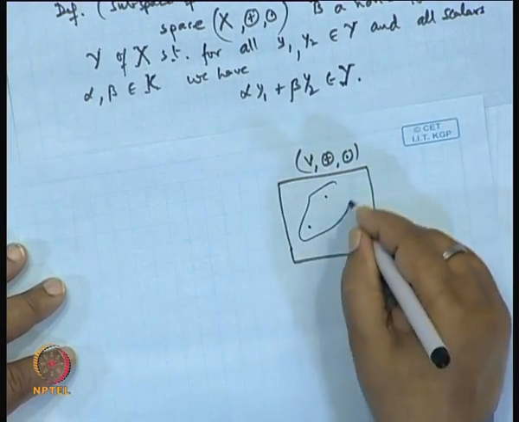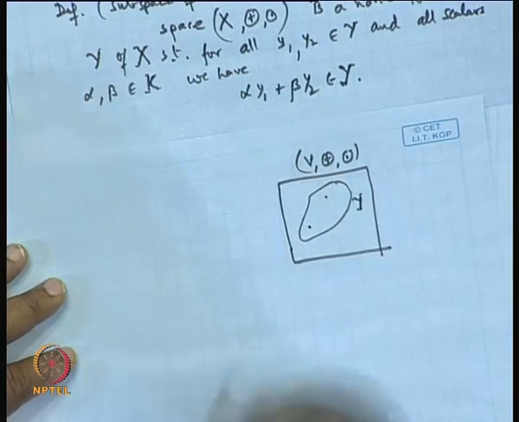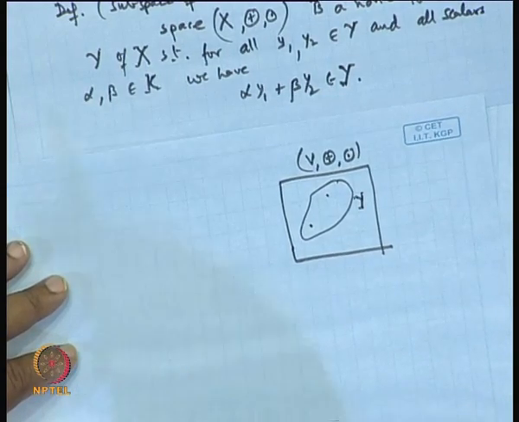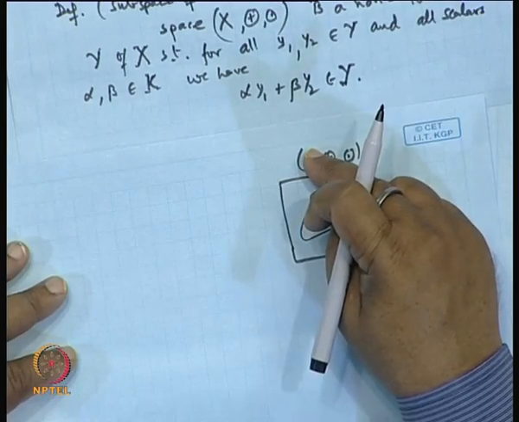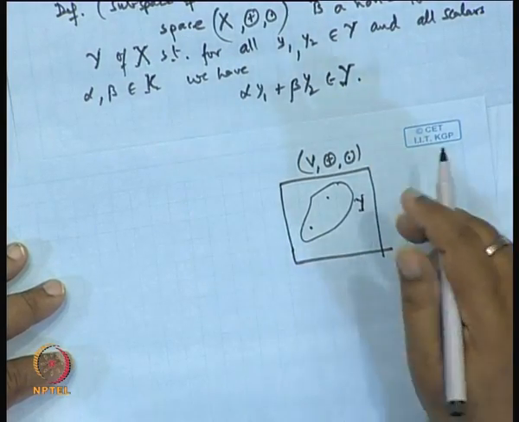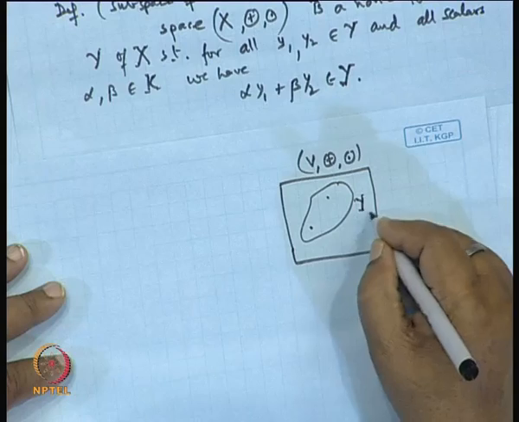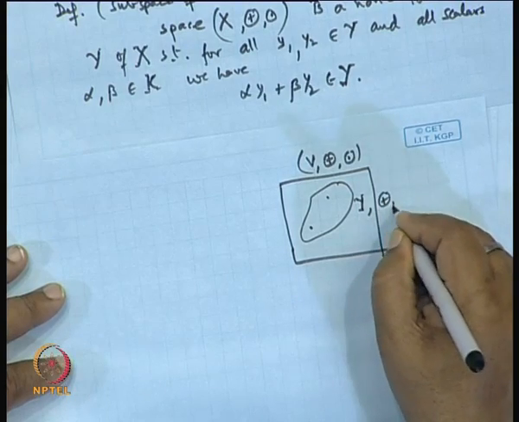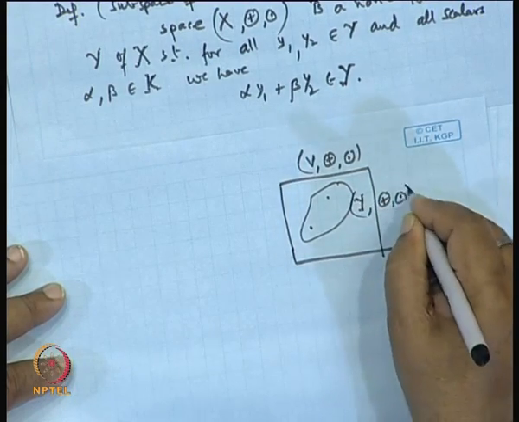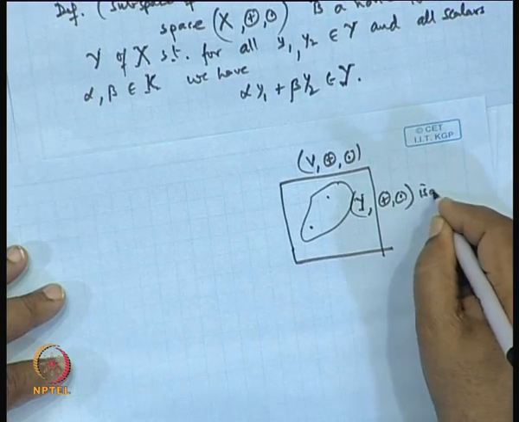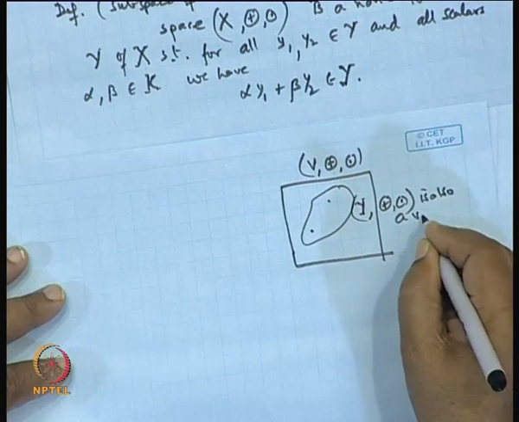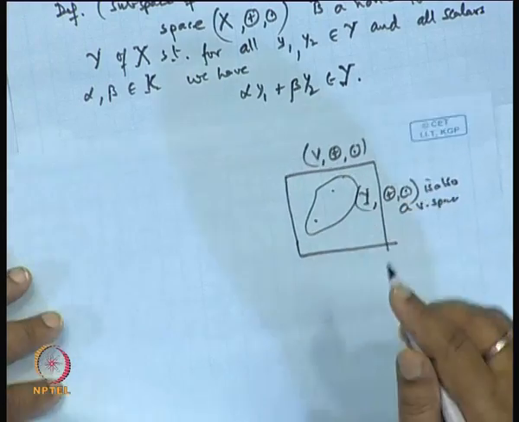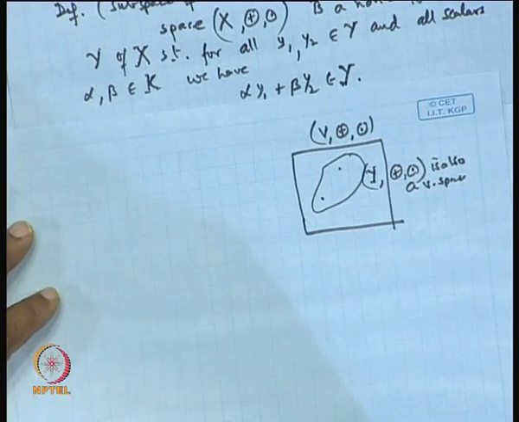Now, Y is a non-empty subset of V. The elements of Y are also the elements of V, because it is a subset. So, if Y with respect to addition and scalar multiplication is also a vector space, then we say Y is a subspace of V.